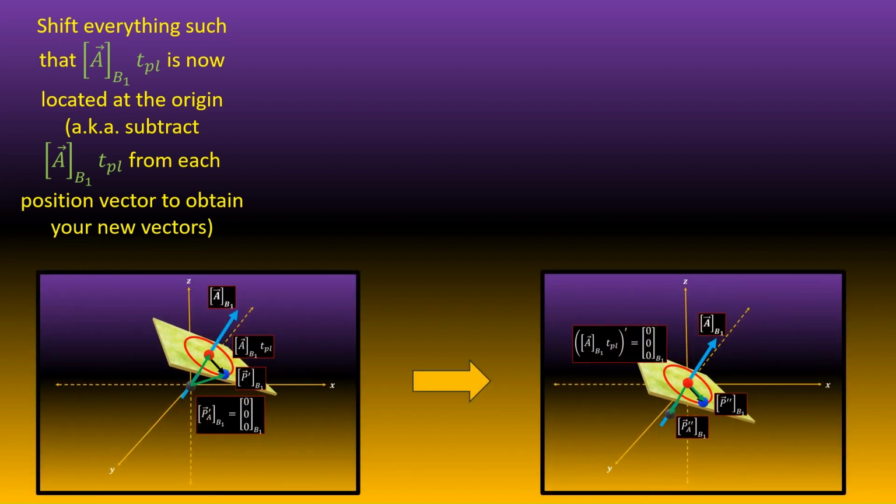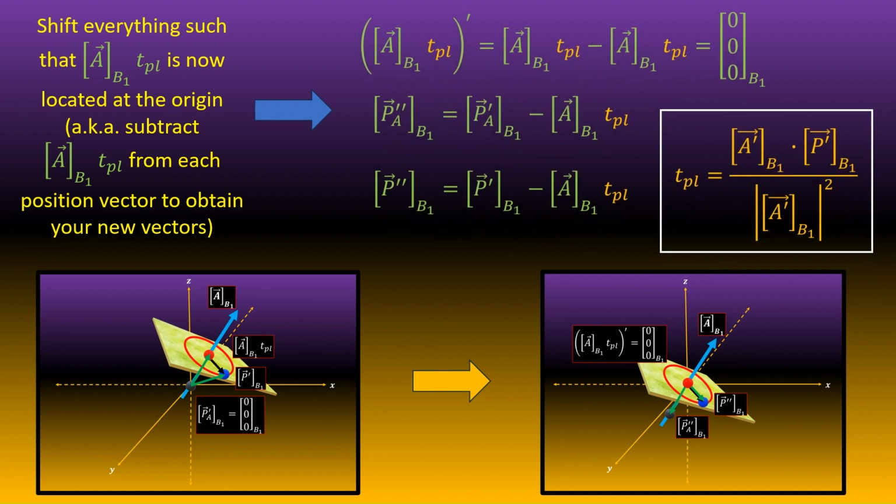And so now we're going to shift everything such that A TPL is now located at the origin. Okay, we will subtract A TPL from each vector to obtain new vectors. And these new vectors will be denoted with double primes. We'll have a P sub A double prime representing the new point on the axis that was shifted by A TPL, and P double prime as your new point that you want to rotate around the axis that is shifted by A TPL as well.